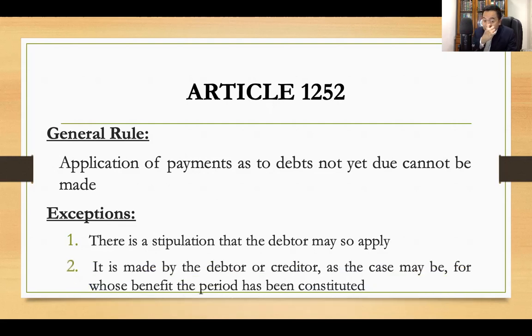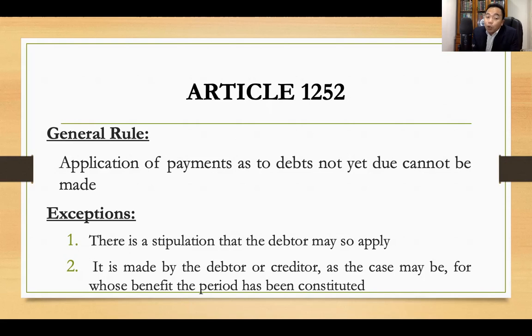Second, it is made by the debtor or creditor, as the case may be, for whose benefit the period has been constituted. For example, if the period has been constituted in favor of the debtor, then he can opt to waive, or he can opt not to make use of that period and pay the debt even if it is not yet due.